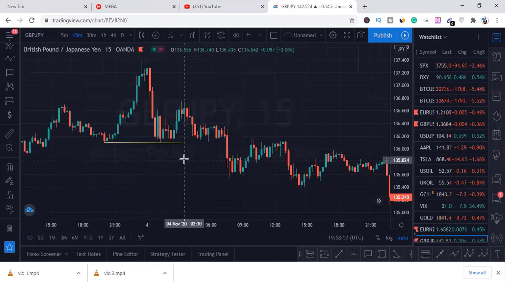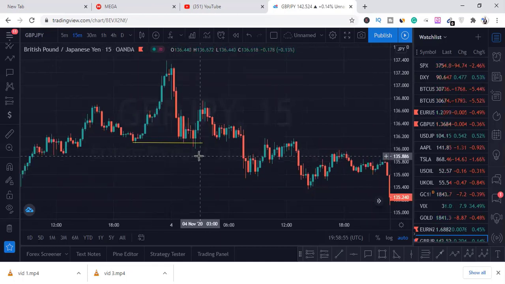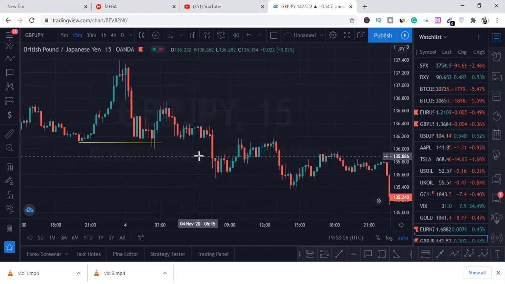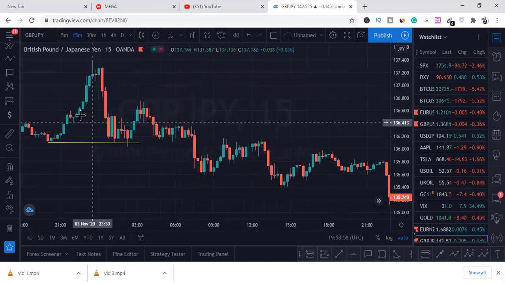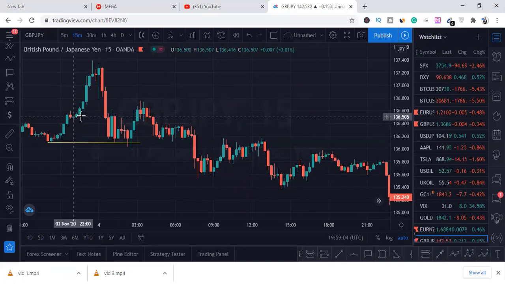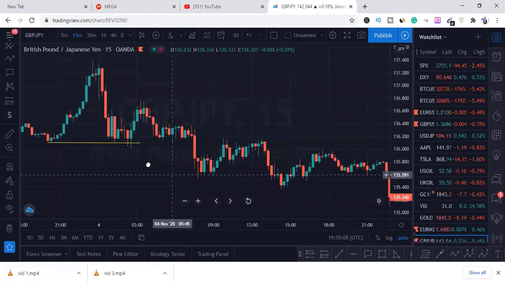It's about to move to the downside. And if we want to use this as a breaker, it is very much possible. But I think it will be better if this is in the higher time frame.